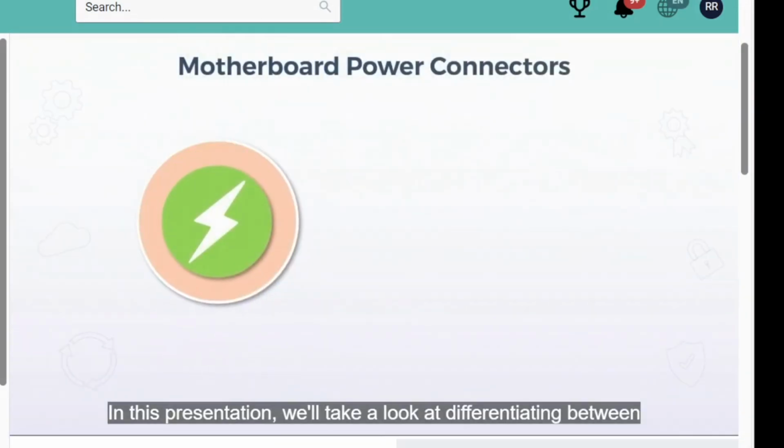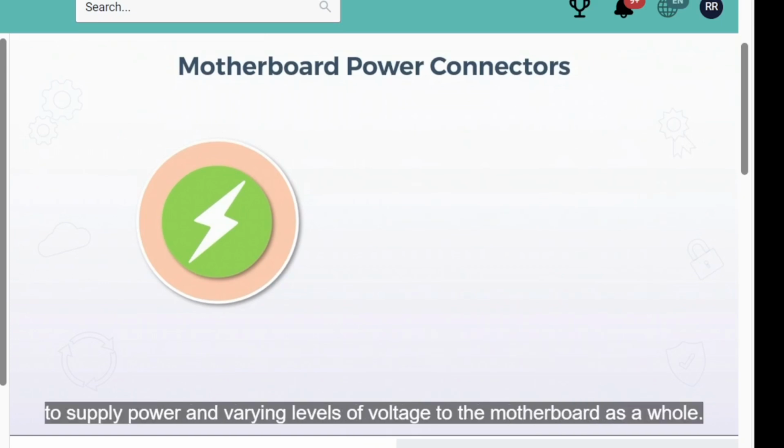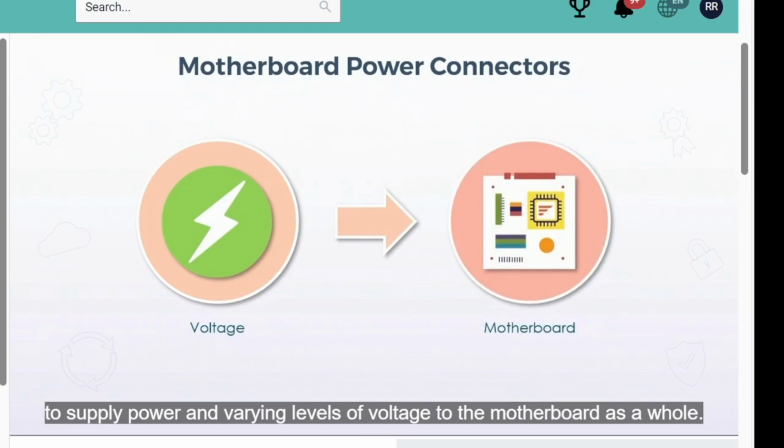In this presentation, we'll take a look at differentiating between the 20-pin and the 24-pin motherboard power connectors. Now, this connector itself is quite simply used to supply power and varying levels of voltage to the motherboard as a whole.